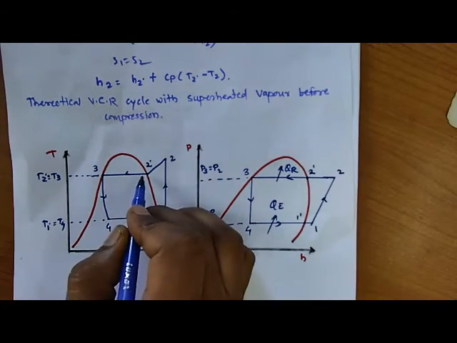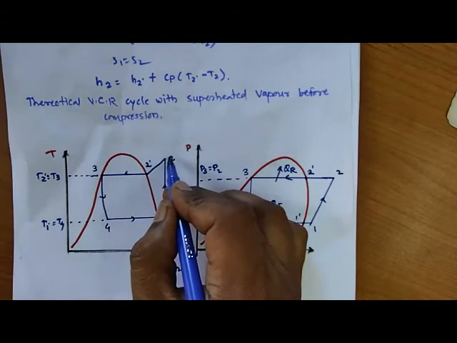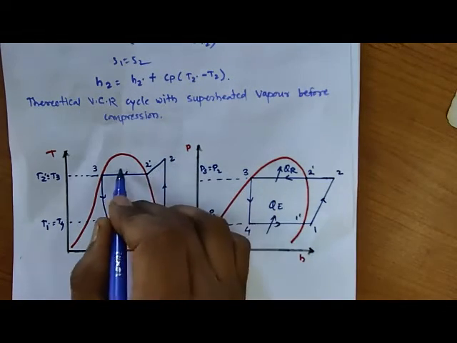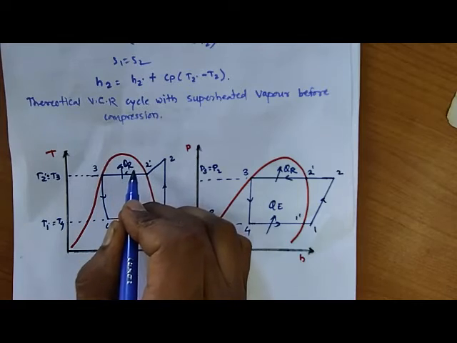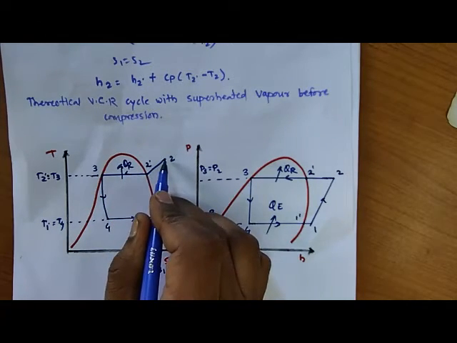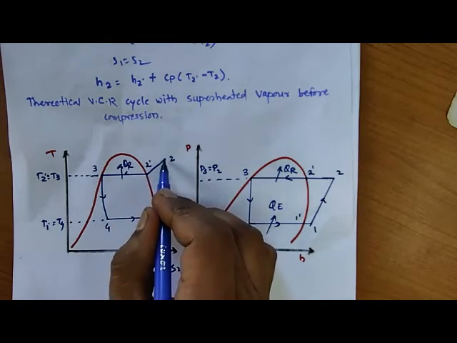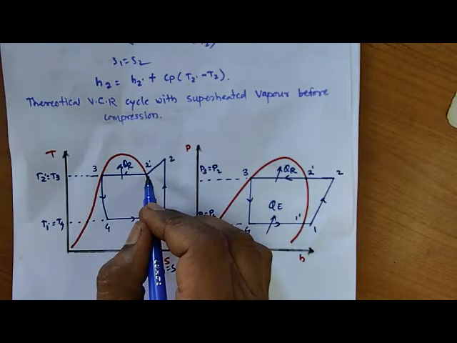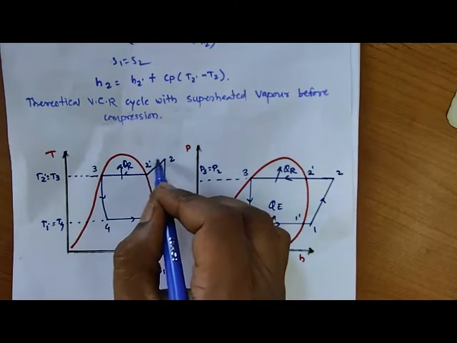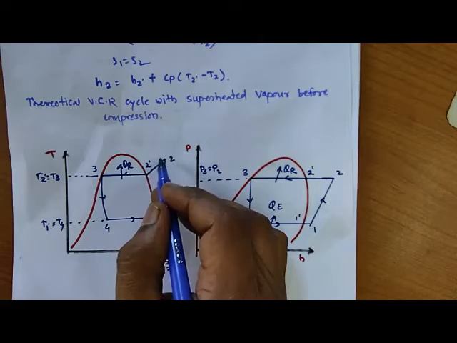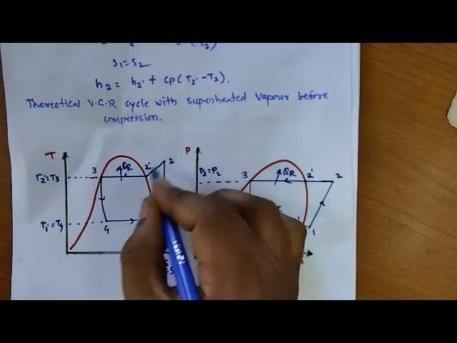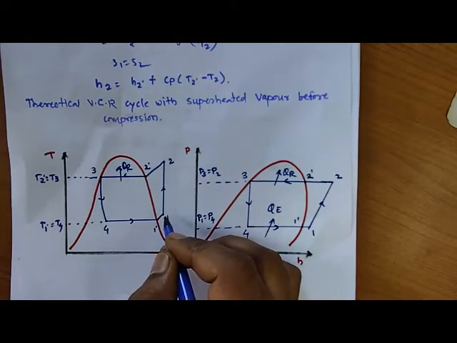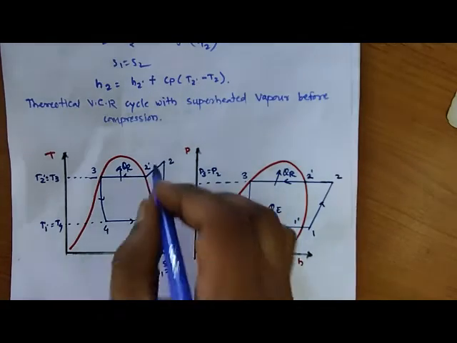If you see in the TS diagram, at constant pressure the heat is rejected by the refrigerant, and first the temperature of this gas refrigerant will be reduced. That means 2 to 2 dash, and 1 dash to 1, is the degree of superheating.